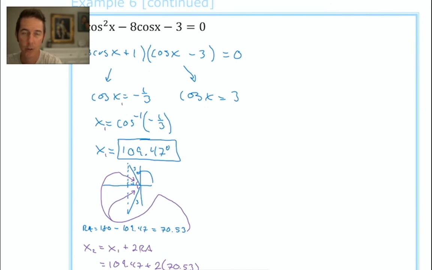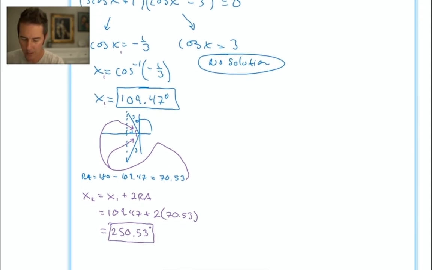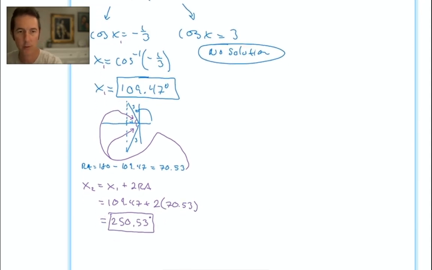Cosine has a range that goes from -1 to +1. This second little equation right here has no solution because 3 is not in the range of cosine. No solution. I'm not putting a box around it because really my final answers are these other two values, the 109 and the 250.